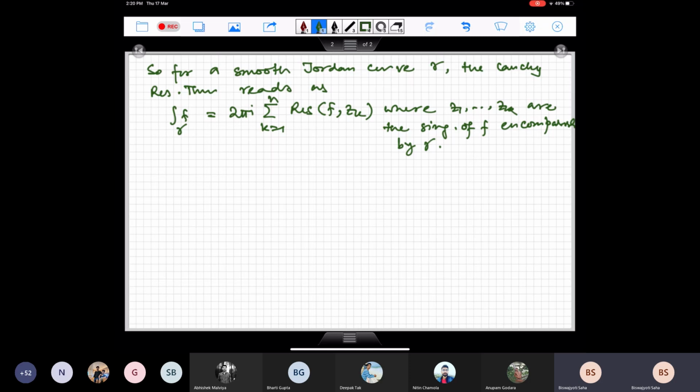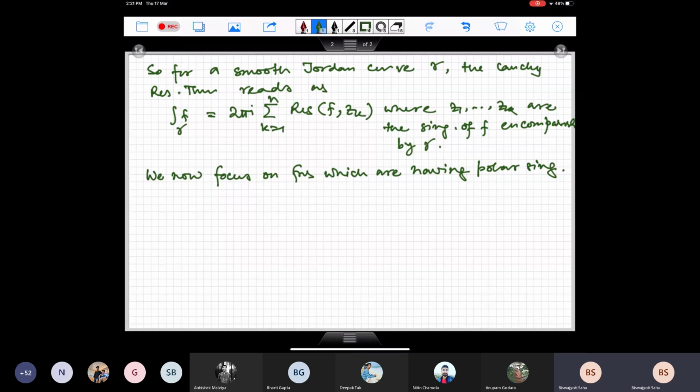So therefore, we are going to especially look at functions where the singularity is a polar singularity. So we now focus on functions which have polar singularities. In this case, of course, I have given you formulas.